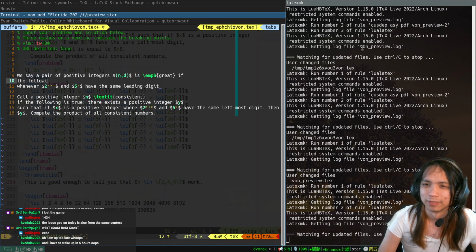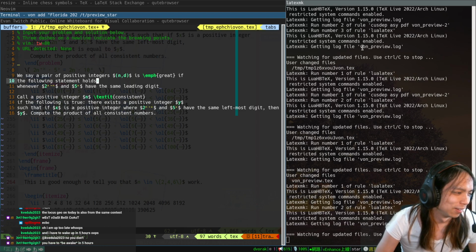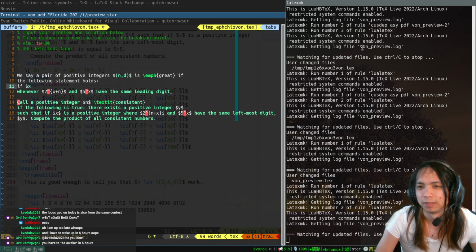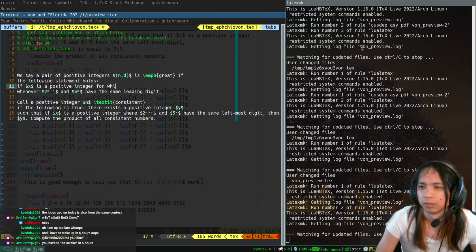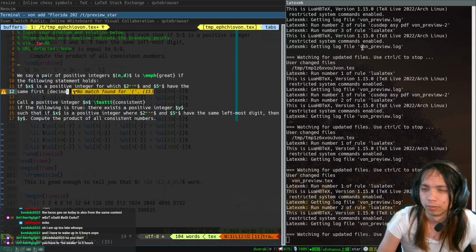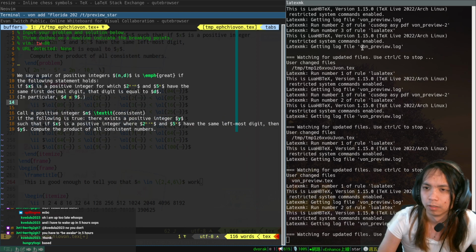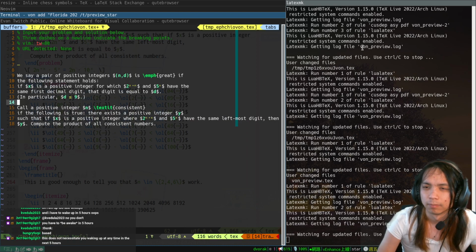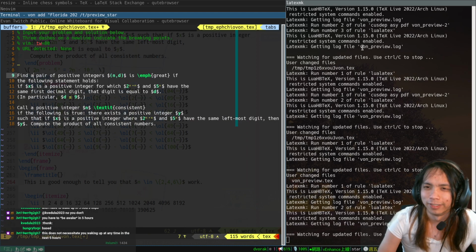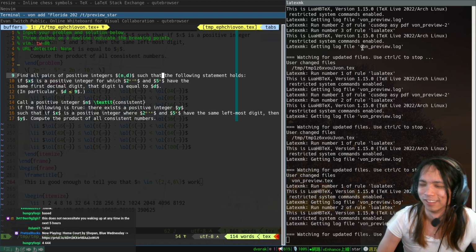If the following statement holds: if x is a positive integer for which they have the same first digit, that digit is equal to d. In particular, d less than 10. Find all pairs of positive integers n, d such that the following statement holds. Much better, you see?